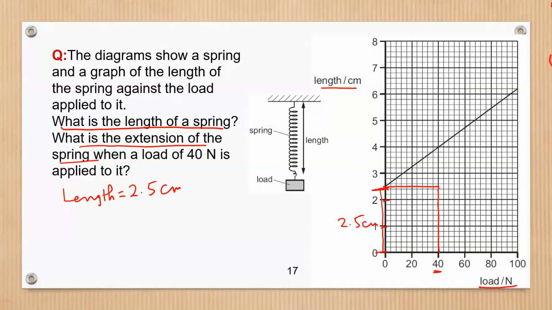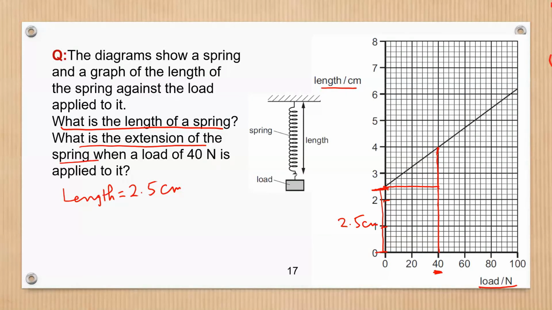Now we are going to see, by applying the load of 40 newtons, what will happen to the extension. So now we are going to find this length basically. So what is the extension of the spring when a load of 40 newtons is applied?